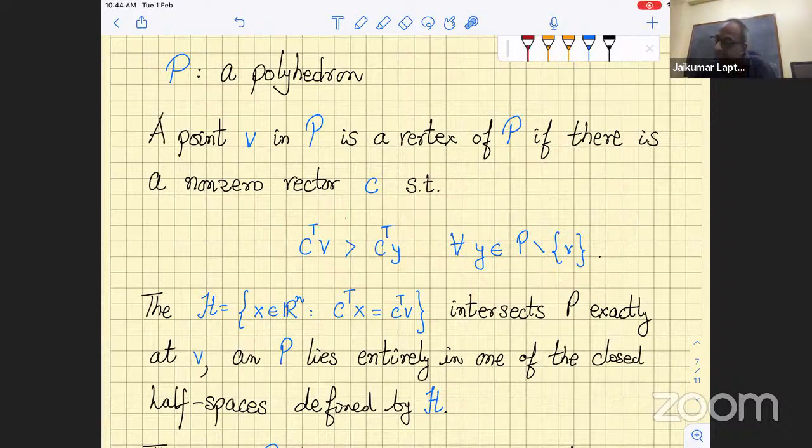So a vertex of a polytope, or even of a convex set, is an object like this.